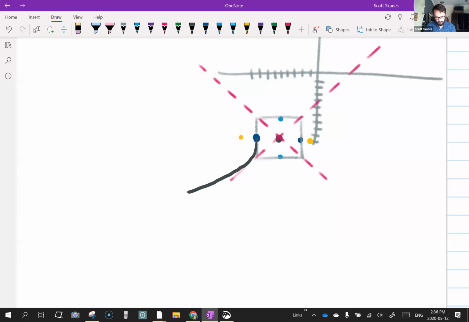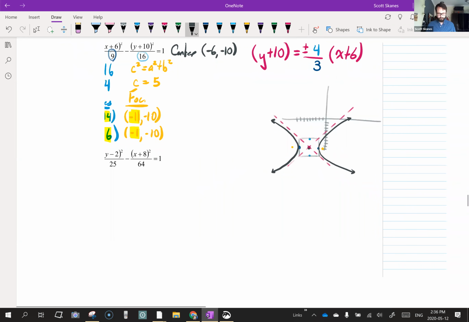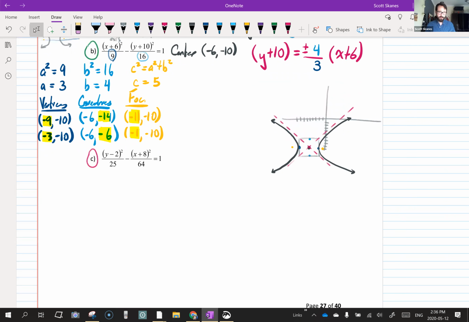I'm actually going to redraw that because that wasn't very good. Sort of like this. And it'll go in both directions forever. And like this. That's my hyperbola.